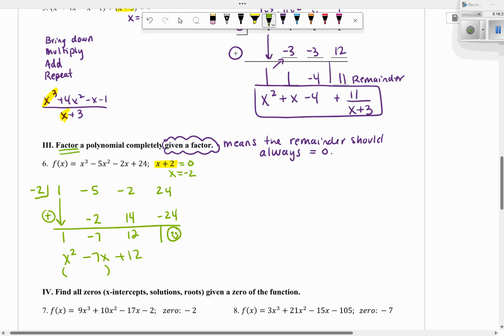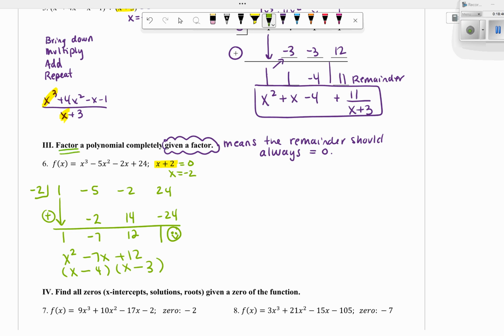So we want factors of 12 that add up to -7. So that's going to be x and x here. We know that the signs have to both be negative to get a positive 12. So factors of 12 that add up to 7 would be -4 and -3. And so again, we're factoring the polynomial. I can't just multiply these two out. I have to also use the given factor.